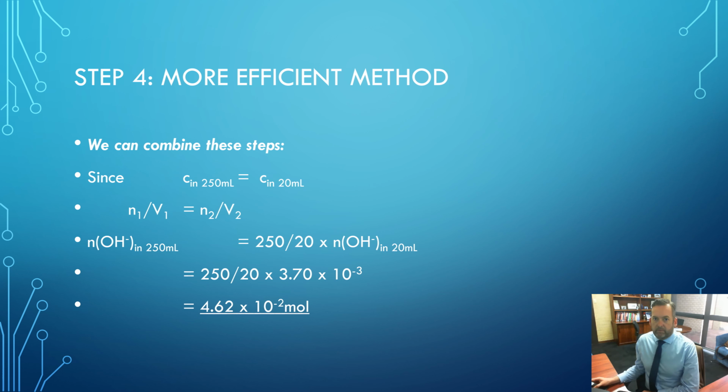So you can manipulate these however you like. So if it was 500 over 25 or 1 litre over 15, whatever it might be, it's always got to be the big number over the small one, and we step it up from the original to the next size flask. All right, so you can do it that way. So there's two ways. You can take the moles, work out the concentration, take the concentration and the volume, work out the moles. Or you can combine it in one step, acknowledging that concentration is equivalent.